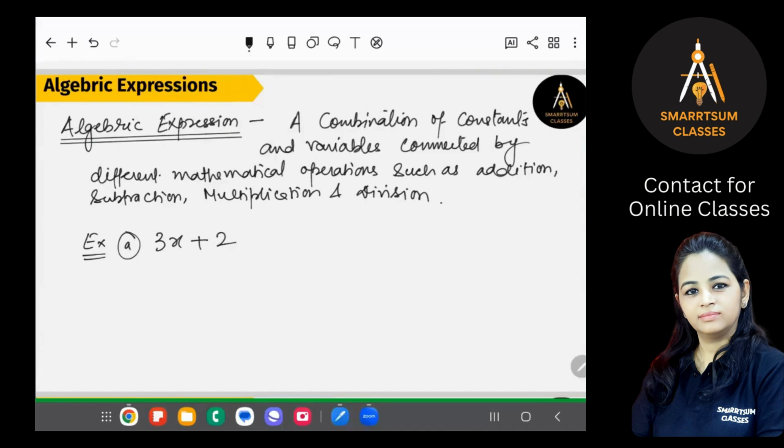3x plus 2, right? This is an algebraic expression, yes or no? You can see here, there are certain constant and variables which are connected by mathematical operations. So what are the constant and variable terms here?